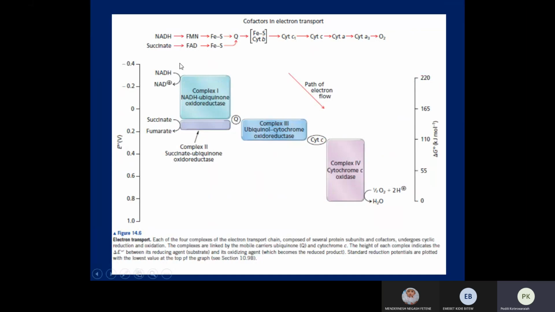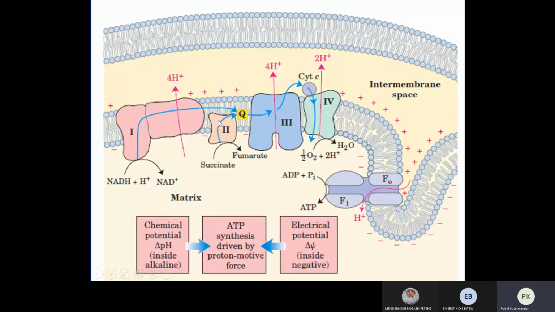And as I already said, in the electron transport chain, all the 4 complexes are arranged in such a way that they go from the negative redox potential to the positive redox potential. You can see here complex 1 is more negative compared to complex 2 and complex 3, and complex 3 is more negative compared to complex 4. So the more negative, the more easily they lose electrons, and the more positive, the more easily they accept electrons.